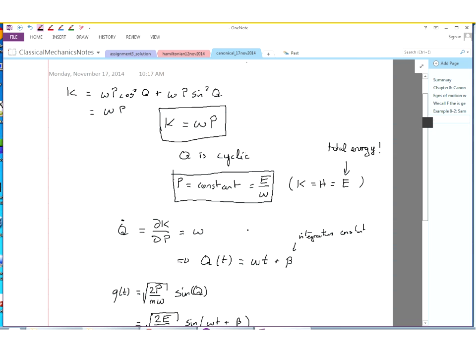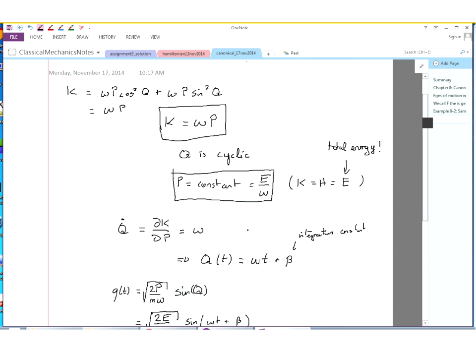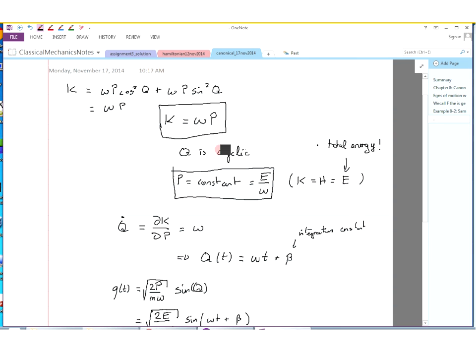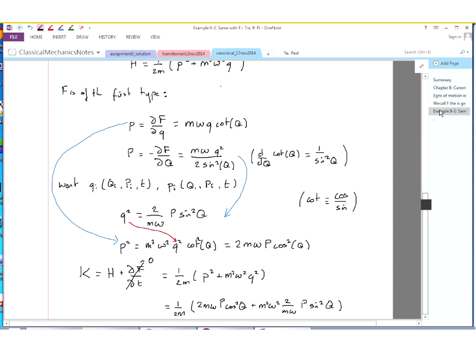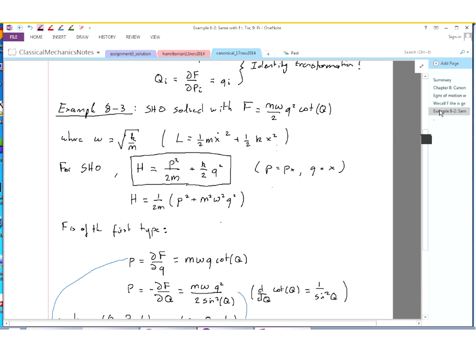So this underscores how powerful these canonical transformations are, because we end up with this absolutely trivial Hamiltonian. But the part that was a little bit swept underneath the rug here is, how did I know that this particular form of f was going to simplify the problem?